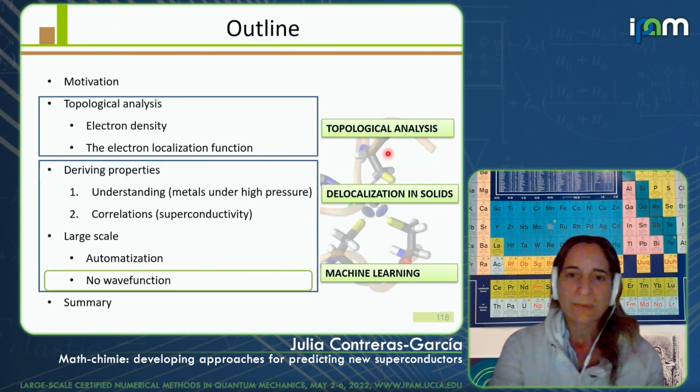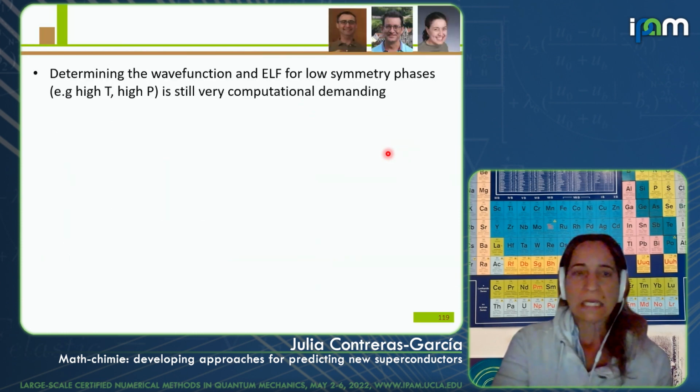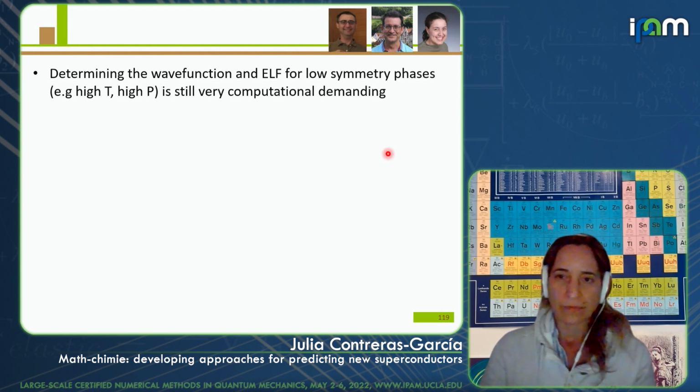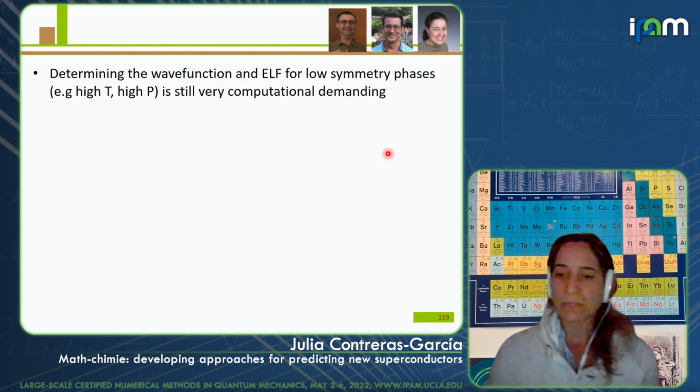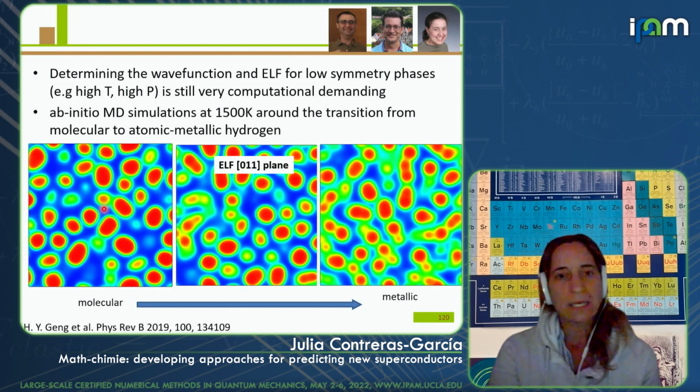Now, the last part I want to show you pretty fast is how to go faster, because everything I've shown you are high symmetry phases. But if we go to low symmetry phases, like the one we have here in hydrogen, this is a metallization of fluid hydrogen. Here we have hundreds of atoms.